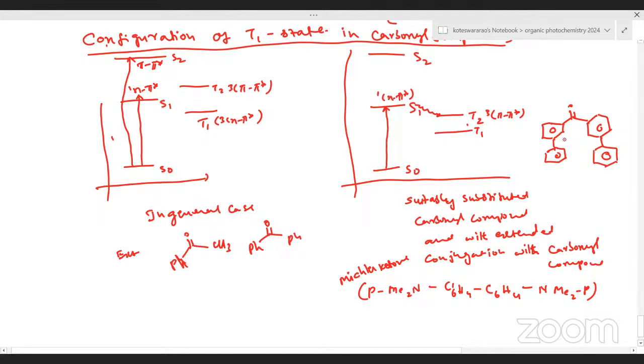What's happening? Suppose only one benzophenone, it has 6 conjugated double bonds. But the number of π-bond pairings is increased: 6 plus 6, 12 conjugated double bonds are there. Therefore, the conjugation increases. The T2 energy level changes, and the energy gap between S1 and T2 decreases. Therefore, this type of arrangement or configuration will be seen.